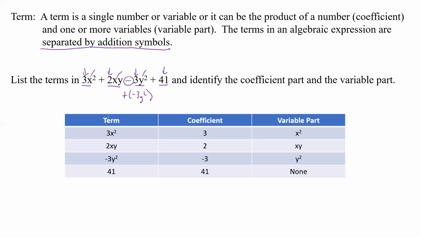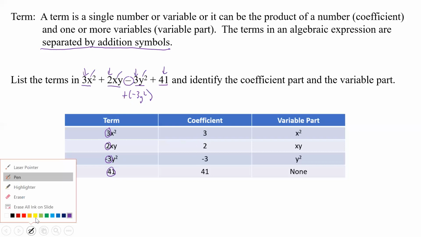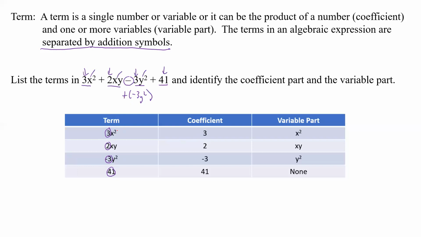Now, what are the coefficient parts? Well, the coefficient parts, again, are the numbers that are out front. So those are going to be the coefficients. And so that would be 3, 2, negative 3, and 41. So that looks good. Now let's change colors and let's circle the variable part. Well, that's the part that has a letter on it.